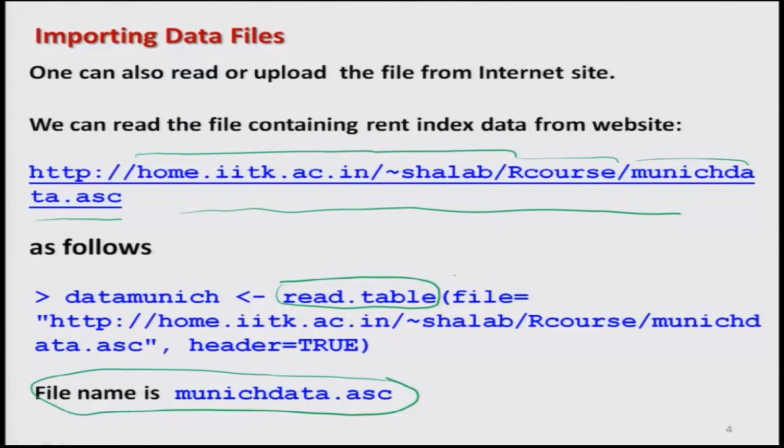And then inside the arguments, first of all I would write the file name. If this file is not in the working directory, then I have to write down the address also here. And then, separated by a comma, I have to declare whether the file has a header or not.